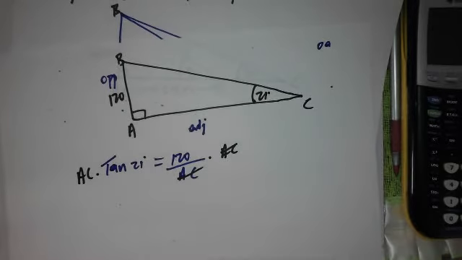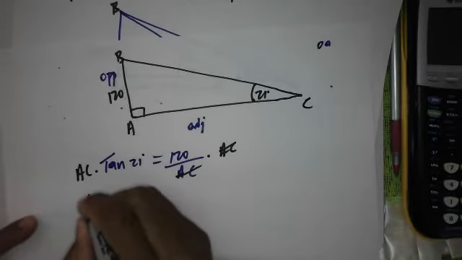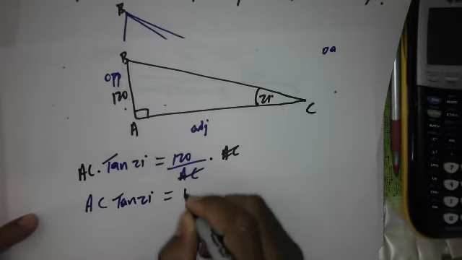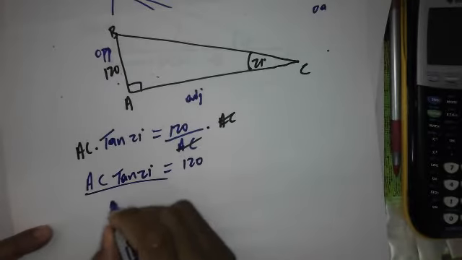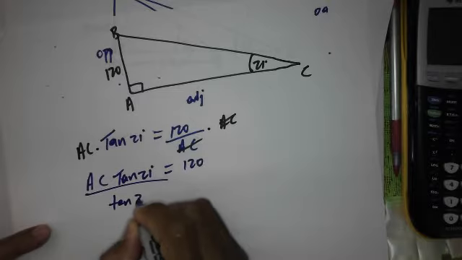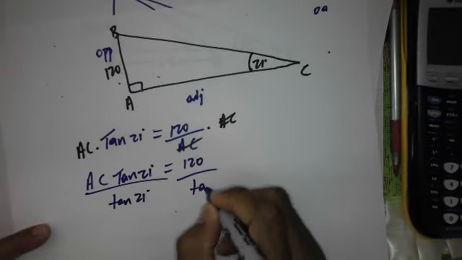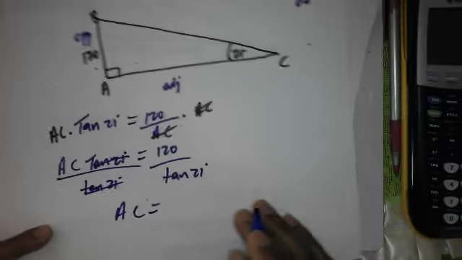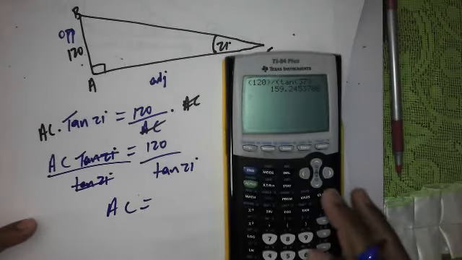So what I would have now is AC tan 21 degrees equals 120. And I divide both sides by tan 21 degrees. That would cancel.